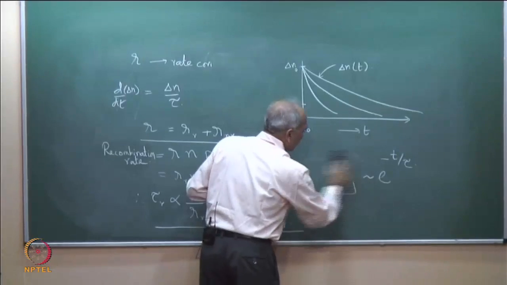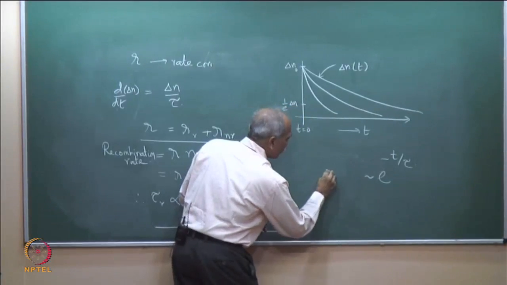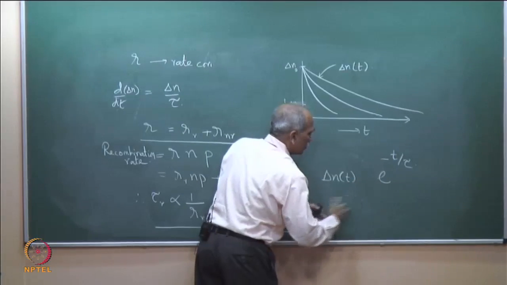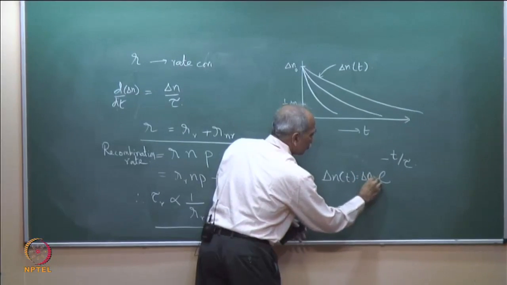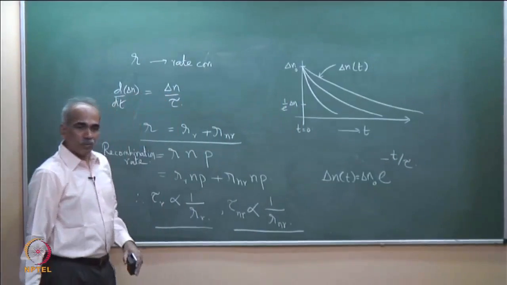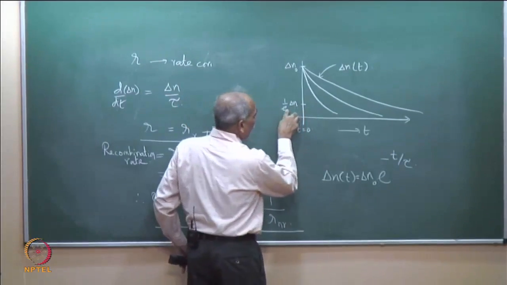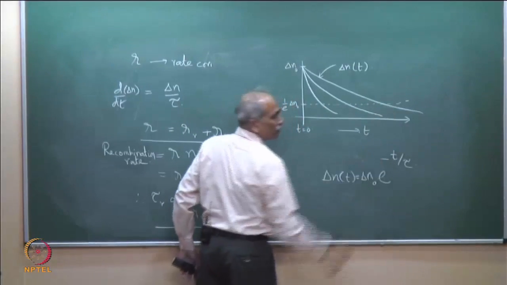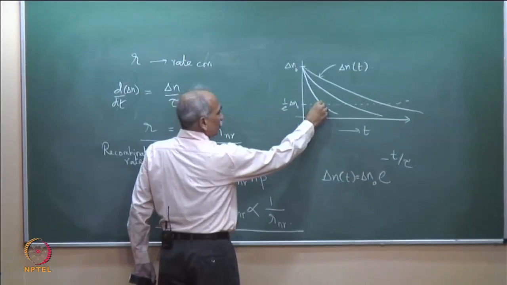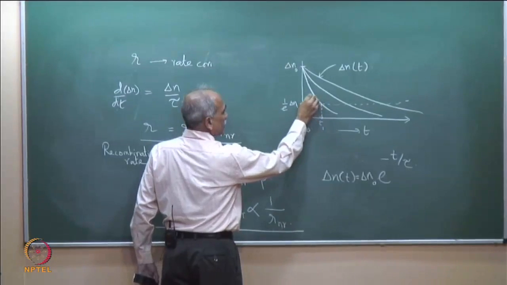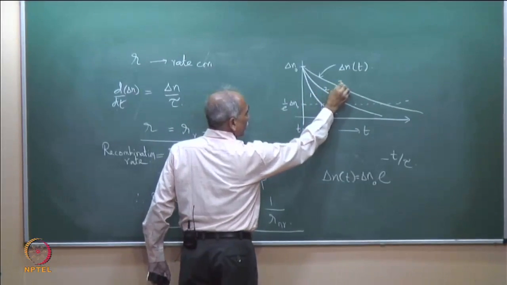So, you will get a function here, delta n of t is equal to delta n 0 into e to the power minus t by tau. And what is the tau? So, 1 by e of delta n 0, if you draw this line, then you will get this is tau 1. So, this is case 1, case 2, case 3.